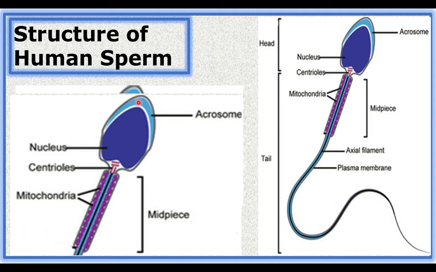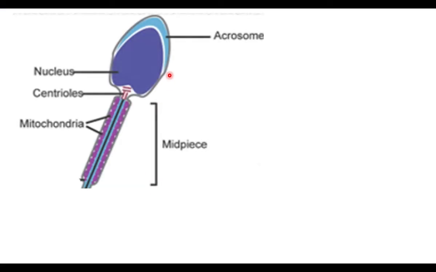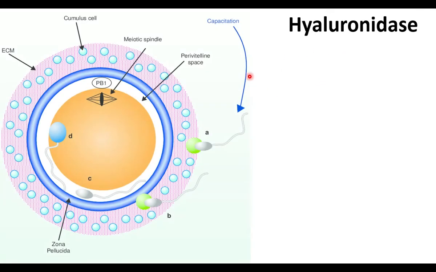And acrosome is also an important structure. This acrosome produces an enzyme, hyaluronidase. This hyaluronidase enzyme dissolves egg membrane. Hyaluronidase is an enzyme. It is produced by the acrosome of the sperm.